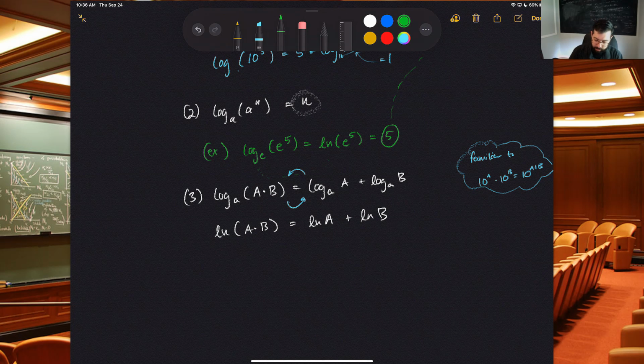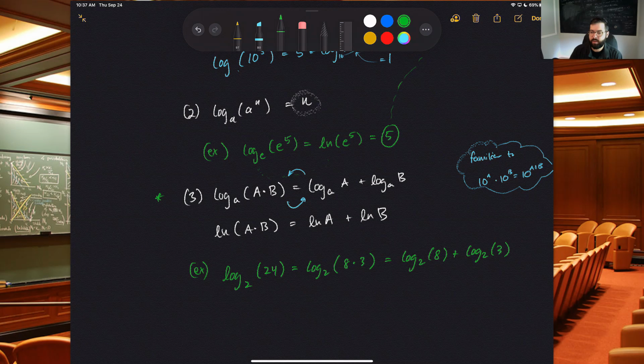And so as an example, how this might look, if I've got, let's say, log base 2 of 24, and I want to break this apart. Well, one way we could do this is see that 24 is really 8 times 3. So maybe I could break this apart using this property, saying, all right, well, this is going to be equal to log base 2 of 8 plus log base 2 of 3.